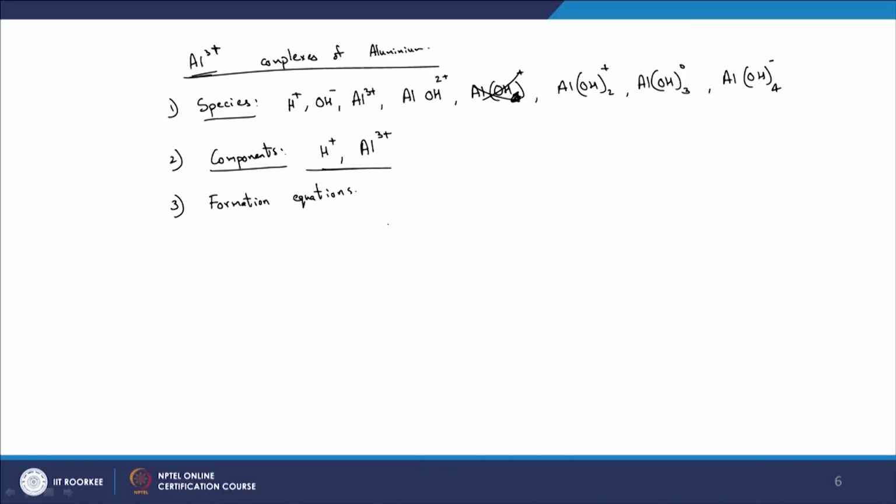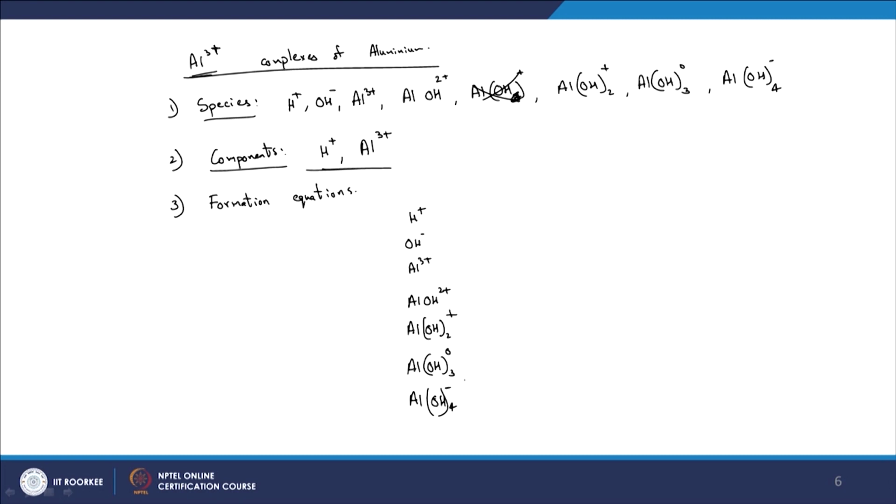So I am going to have my species listed here: H+, OH-, Al3+, AlOH2+, Al(OH)2+, Al(OH)3 with no charge, and Al(OH)4 with negative charge.